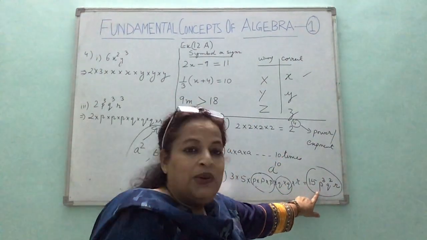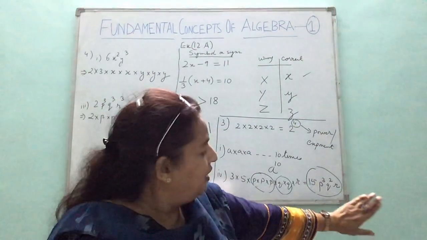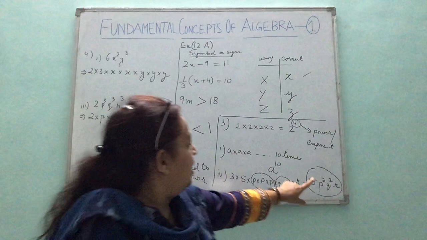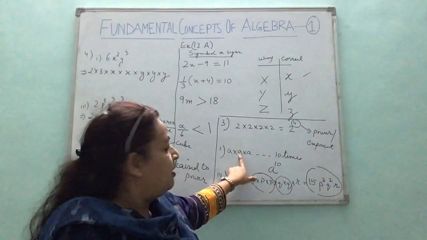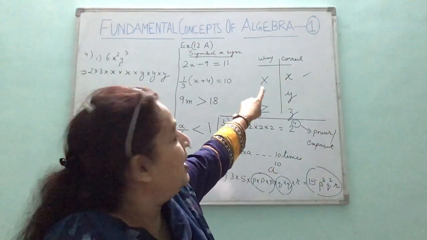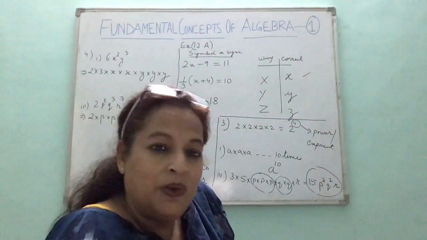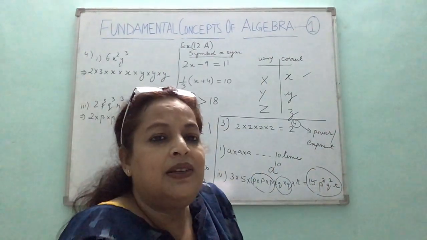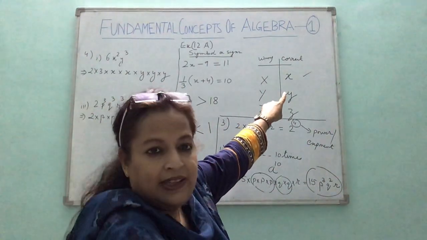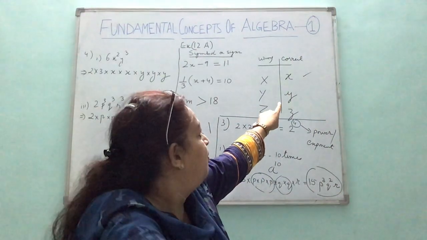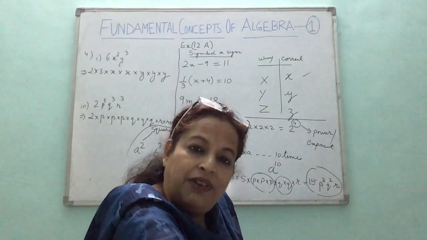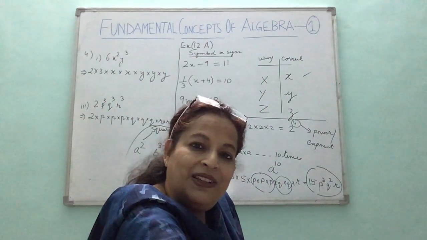When we write in the expanded form, it is called product form. From the product form we go to exponential form, and from the exponential form we can also write in the product form. Then I also told you how to write the alphabets in your notebooks. Whichever way it is written or printed in your book, irrespective of that, you will write x in cursive form, y and z, a, b, c, d all in cursive form, wherever you are using alphabets in algebra.